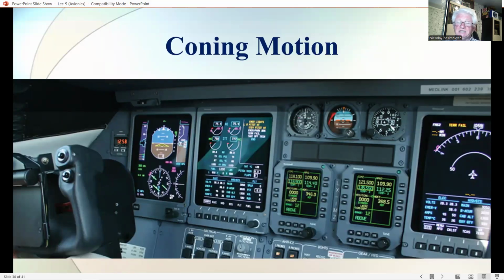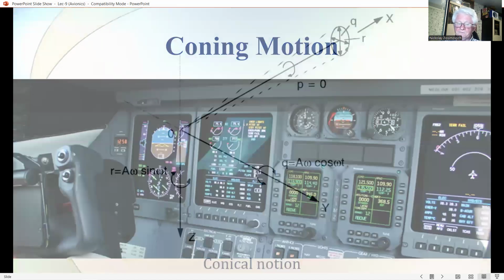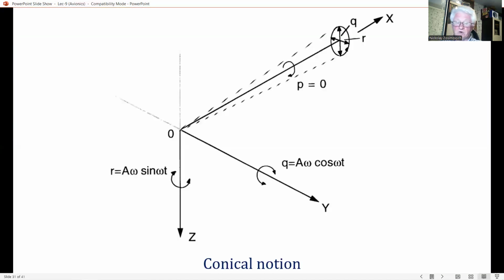Coning motion results from the vehicle being subjected to angular oscillation of the same frequency about two orthogonal axes with a 90 degree phase difference between the two motions. The motion of the third orthogonal axis of the vehicle describes the surface of a cone, and hence the term conical motion.